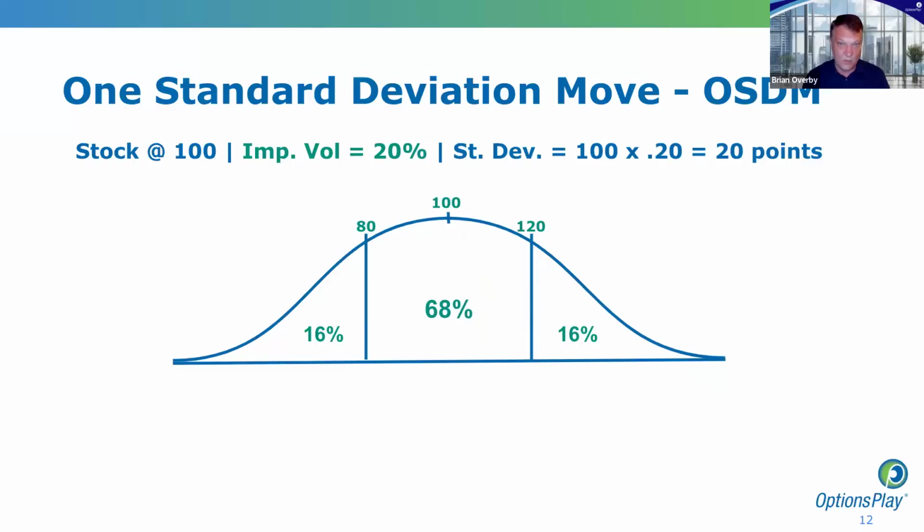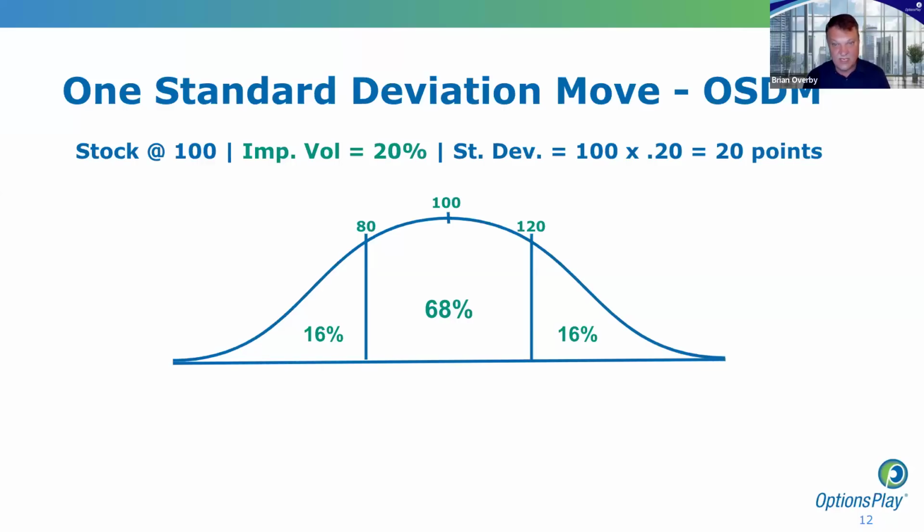If you look at implied volatility, and this is the way the market makers on the exchanges that are trading options think, if it's a $100 stock with a 20% implied volatility, that is implying that 68% of the time it's going to be at 120 or 80.